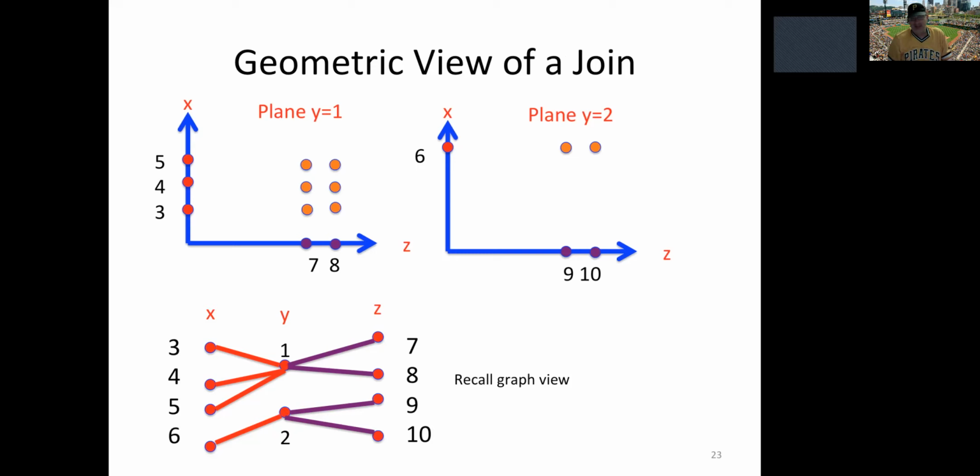You can think about these paths as the cross product, or the projection of the points 3, 4, 5 on the x-axis and the points 7, 8 on the z-axis. You project those up into the two-dimensional space, and you get those 6 points.